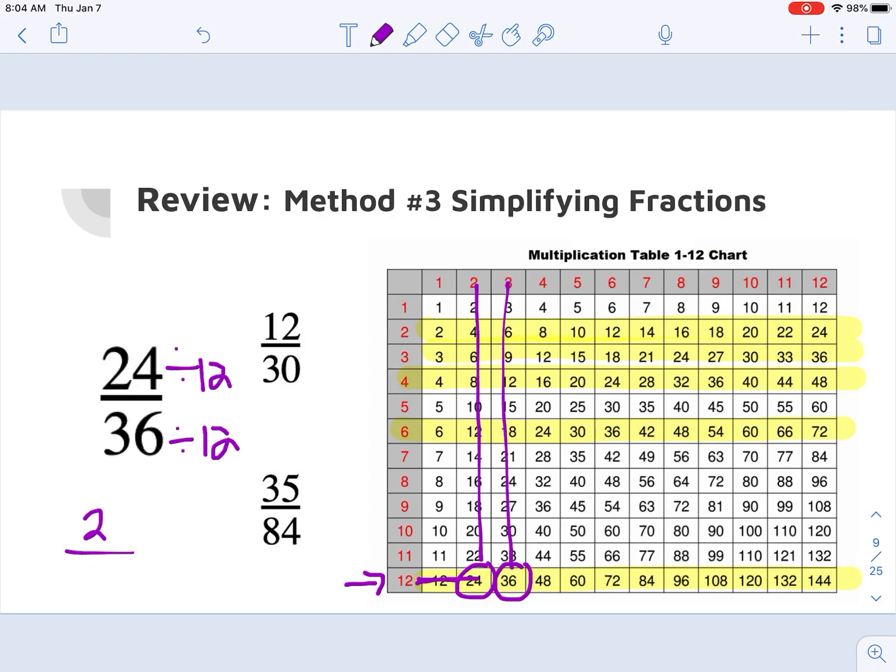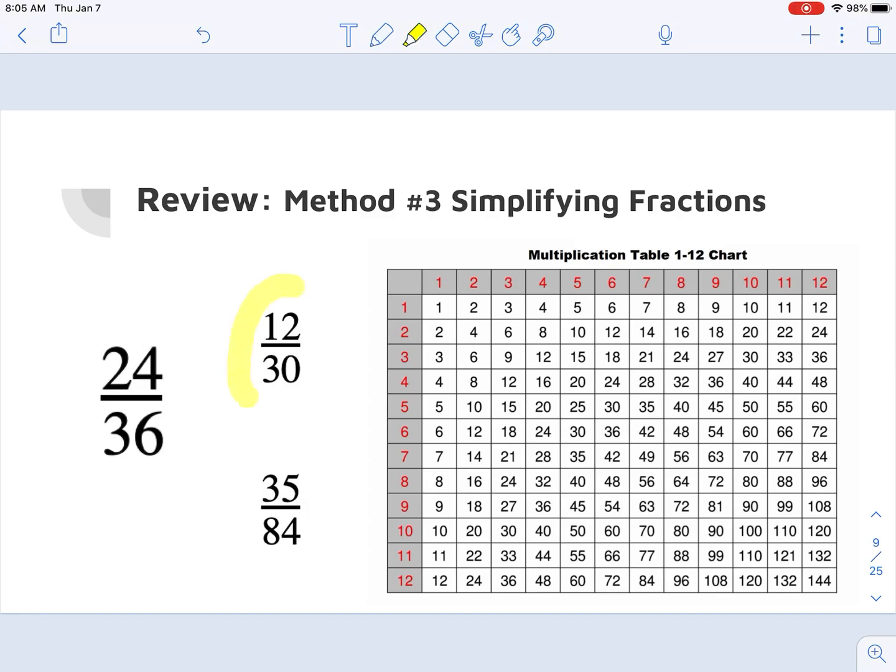Let's look at just one more using the steps that we were just talking about. I think the multiplication chart method is going to be the one that probably works out the best for many of you. So if I look at this example with 12/30ths, I want to look for rows that have a 12 and a 30 in it.